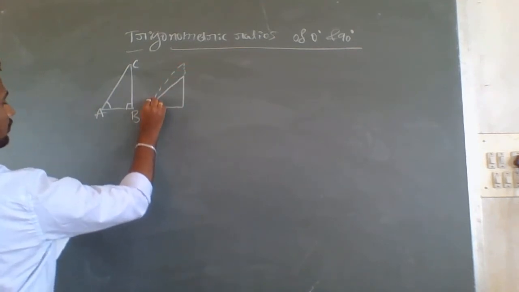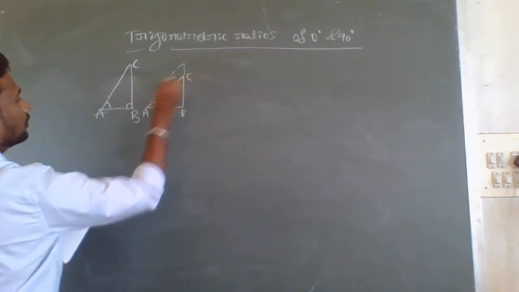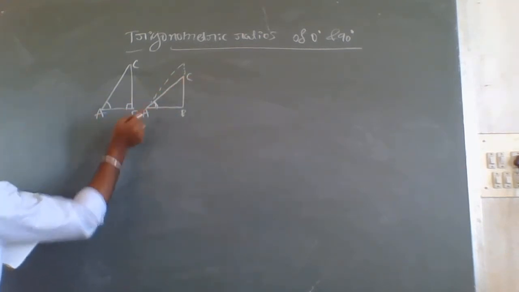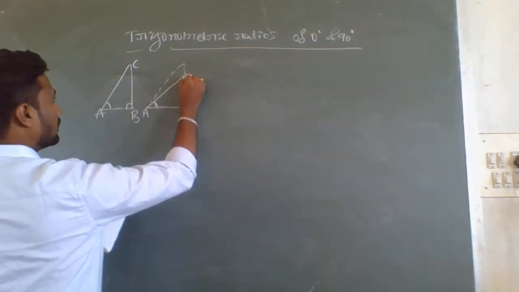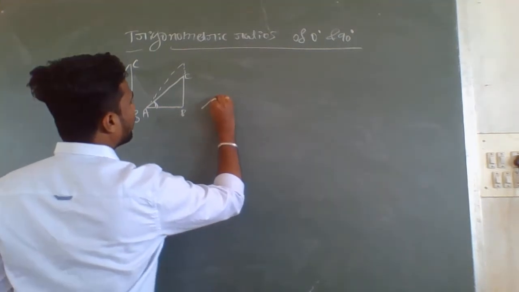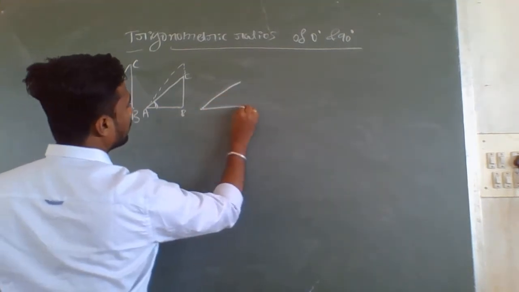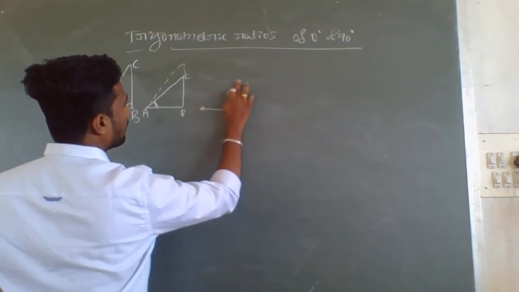First step, angle A is reduced this much. This is point C now. Again we will reduce this angle A, because why are we reducing this angle A?